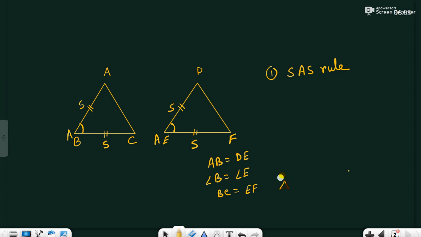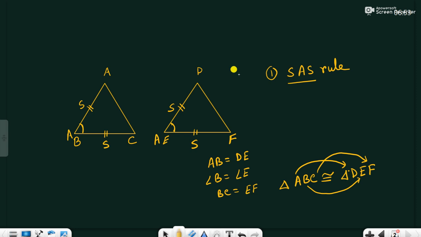Then we can say that triangle ABC is congruent, this is the symbol of congruent, to triangle DEF. You have to write DEF. Why? Because A corresponds to D, B corresponds to E, and C corresponds to F. In this you have to write. That is the side angle side rule.